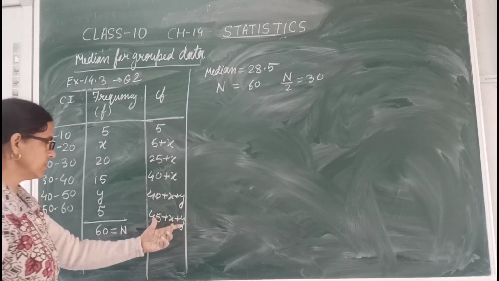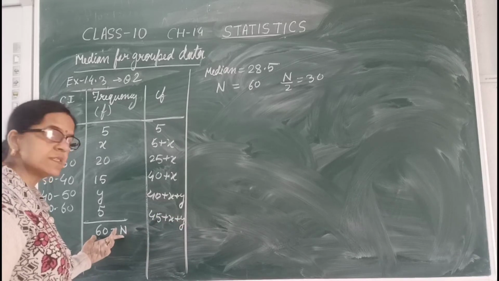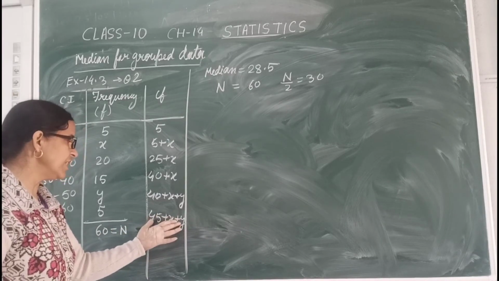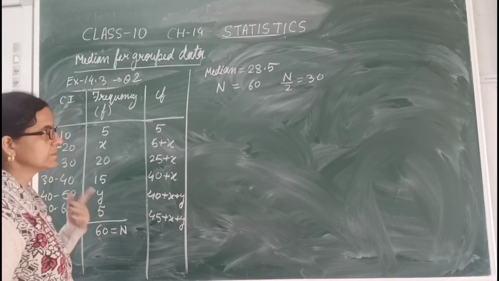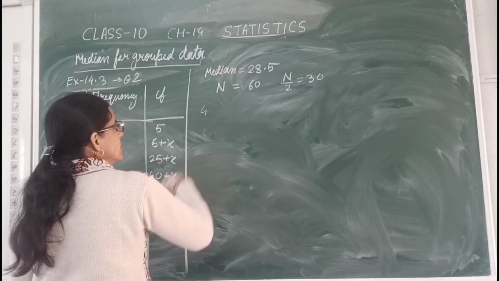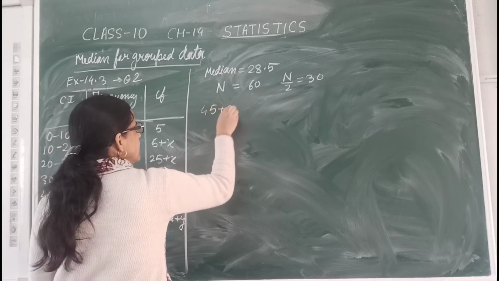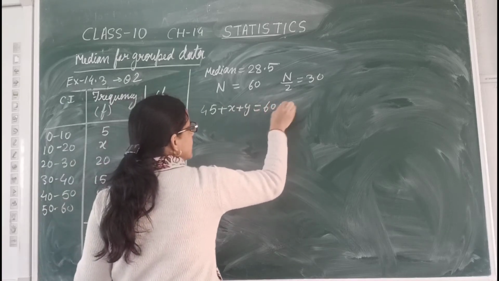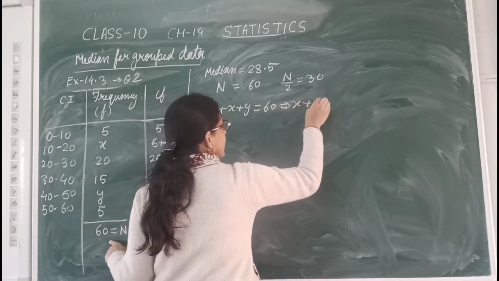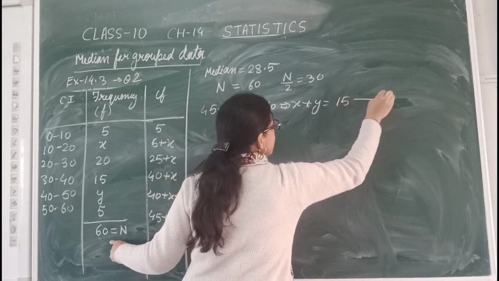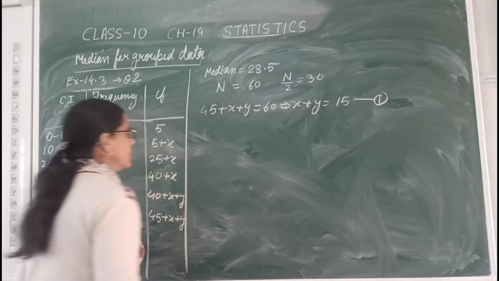And the last cumulative frequency is always the sum of all the frequencies. So one equation I have in my hand is 45 plus x plus y equals 60. So let us write 45 plus x plus y equals 60. This implies x plus y equals 60 minus 45, that is 15. Let us make it equation number 1.